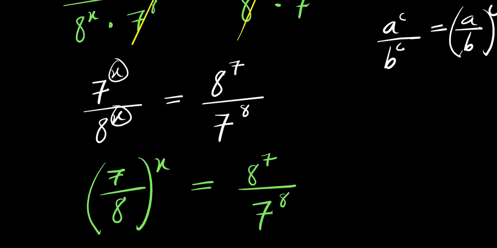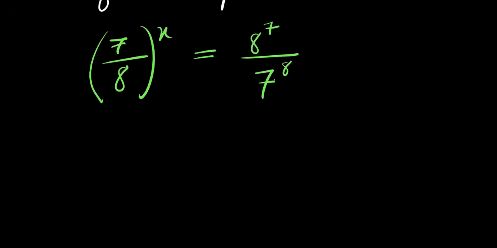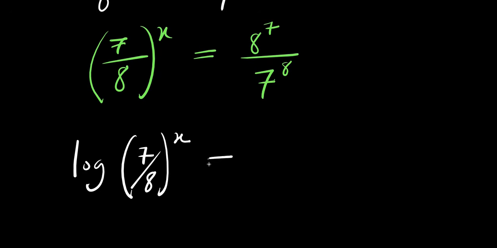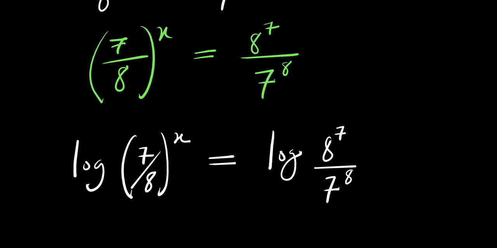So right now, we can decide to take log of both parts of this equation. We have log of 7 divided by 8 power x equals log of 8 power 7 divided by 7 power 8.